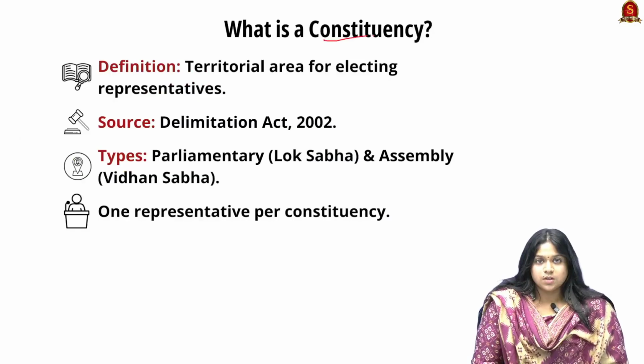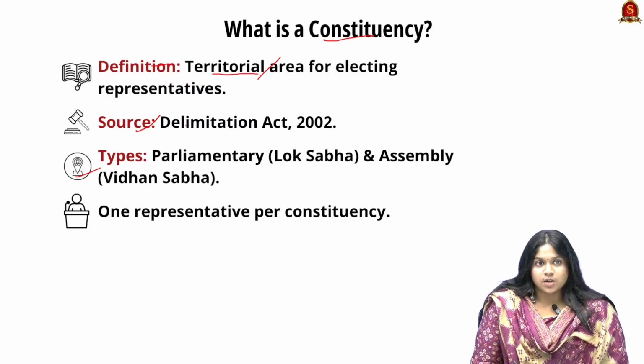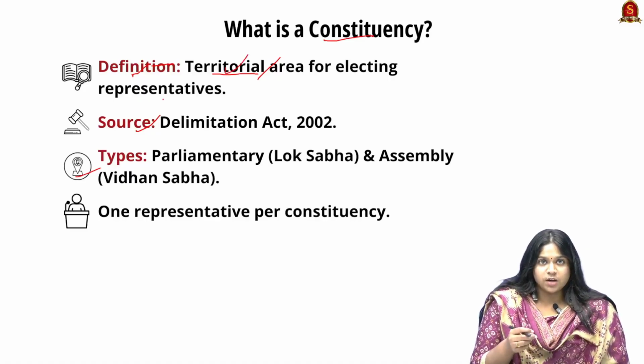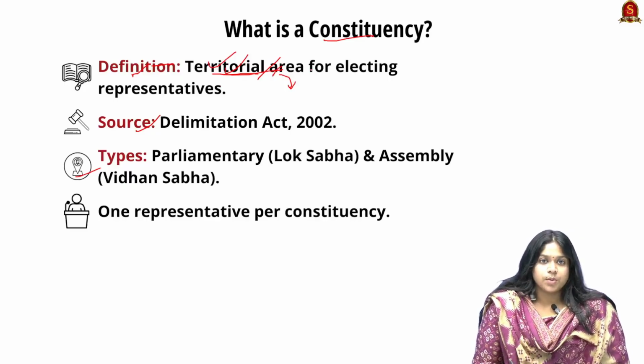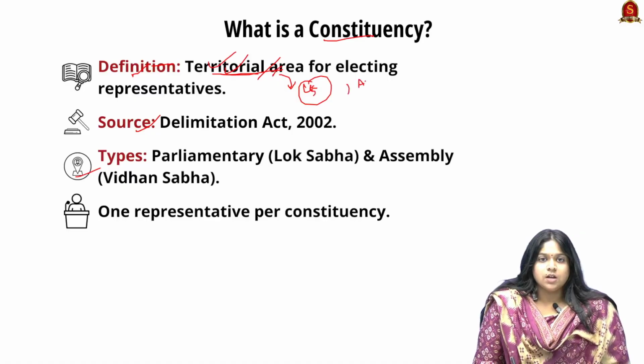Now, what is a constituency? According to the Delimitation Act, a constituency can be defined as a territorial area or territorial boundary into which any state or union territory is divided for the purpose of elections to the House of the People, that is the Lok Sabha, and also for the legislative assembly elections of the state.